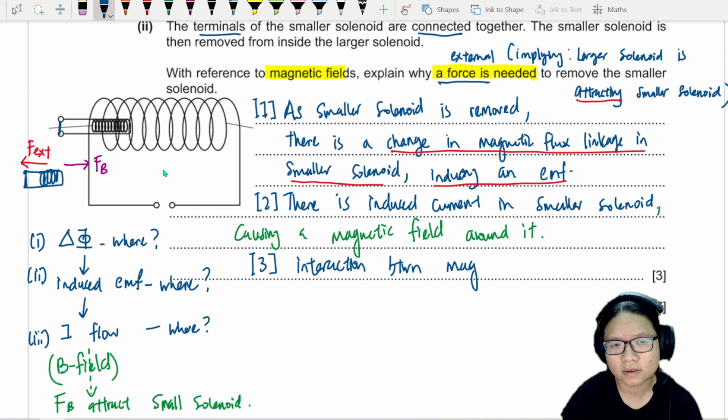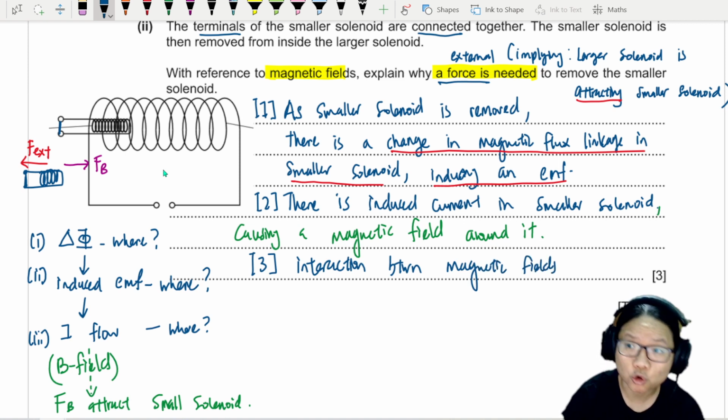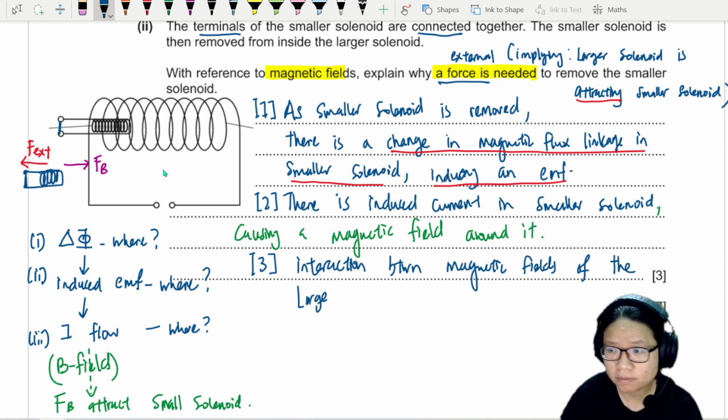Interaction between the magnetic fields, because now you've got two magnetic fields: of the larger solenoid and the smaller solenoid.